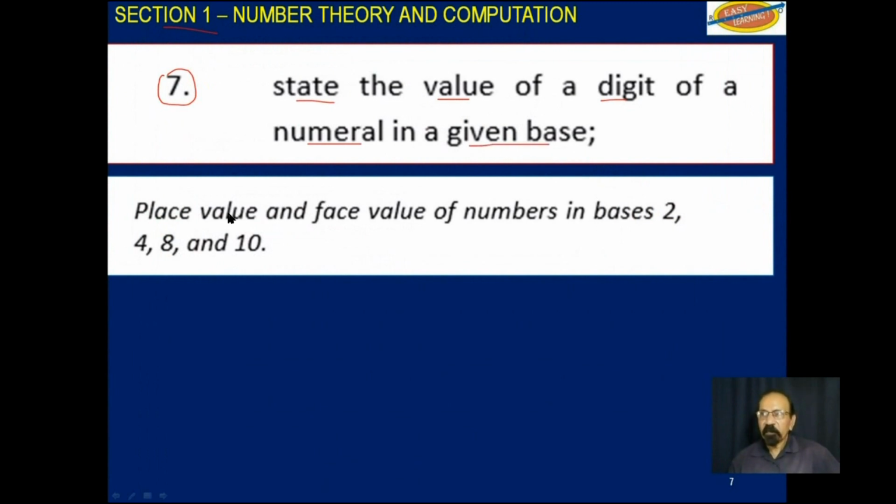And then the further explanation is place value and the face value of numbers in bases 2, 4, 8, and 10. But we will do a general overview of bases so that any of the other bases you can also answer that question for.